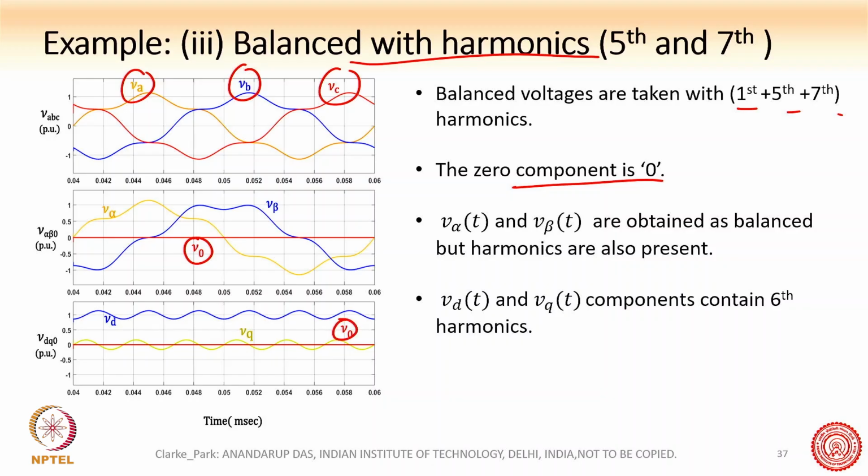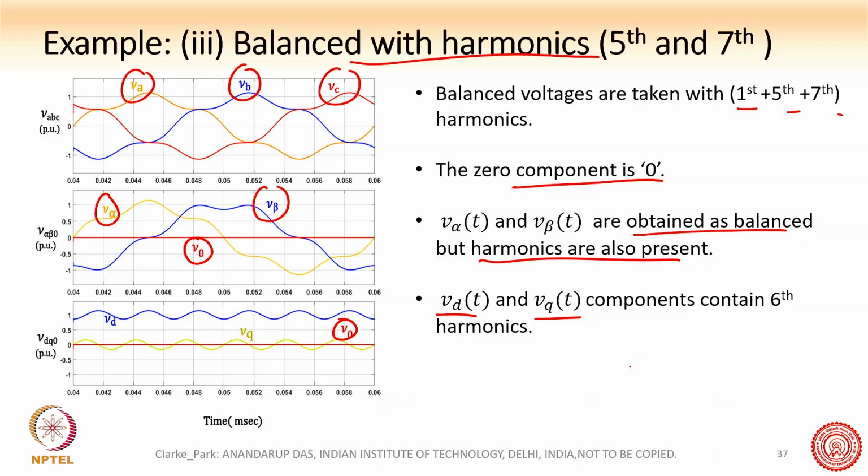But now V alpha and V beta are obtained as balanced, but harmonics are present. And you can see here, this V alpha and V beta have harmonics. But what is more interesting is VD and VQ have 6th harmonics. Why are 6th harmonics coming?